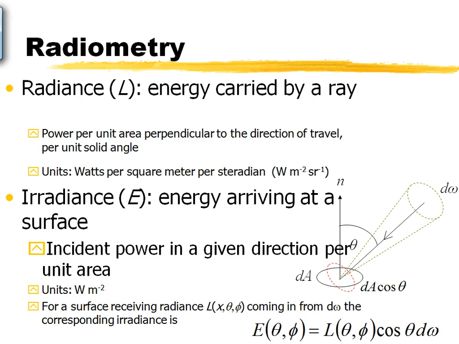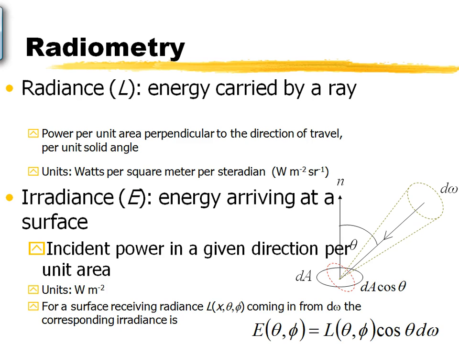More often than not, we define that in terms of power: power per unit area that is perpendicular to the direction of travel of the light, and subtended by a specific unit angle, a solid angle subtended in space. The units that we typically use to describe this are watts per square meter per steradian, with the steradian defining the unit subtended angle that we have.